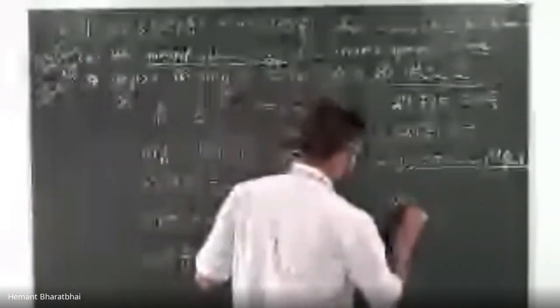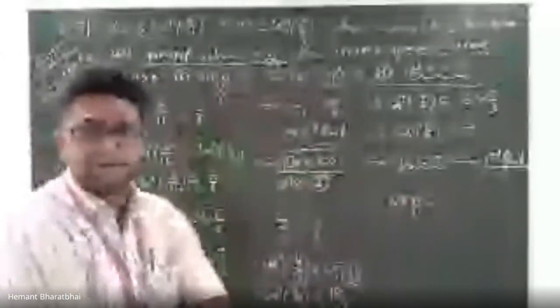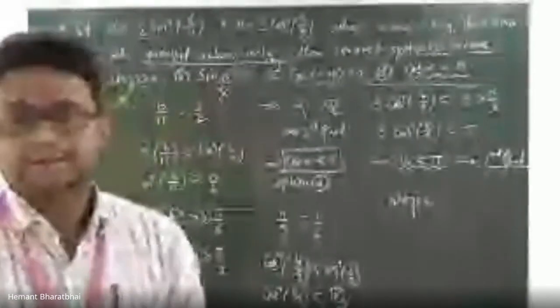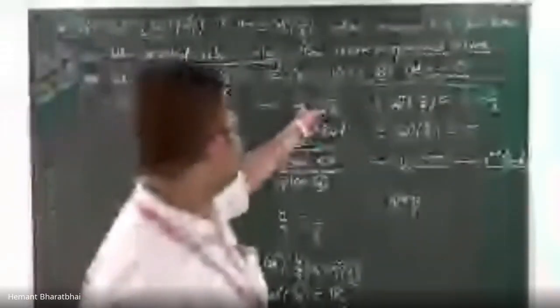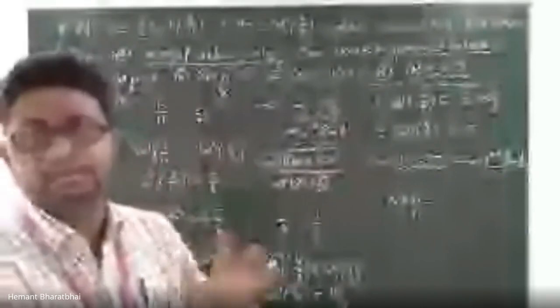Now next we have to see alpha plus beta. Now if you see this 6 upon 11, it's not 1 by 2, but slightly greater than 1 by 2. Similarly, if we see 4 by 9, what does it imply? It implies that my alpha is only slightly greater than pi by 2. Not very much greater than pi by 2, which means it is going to be near about pi by 2, not exactly pi by 2.